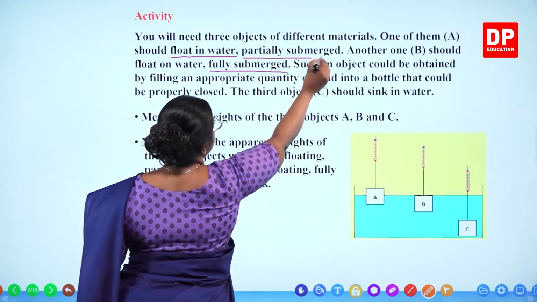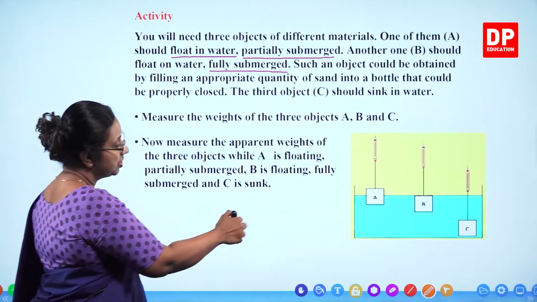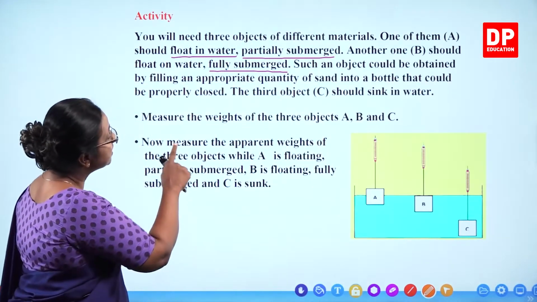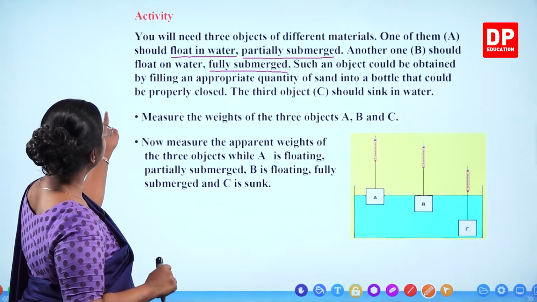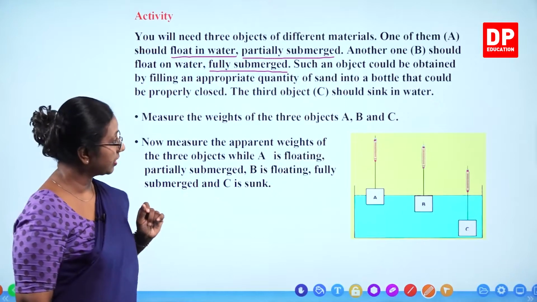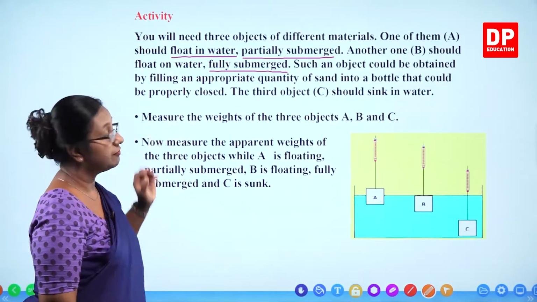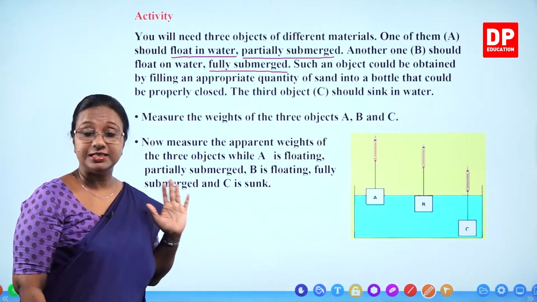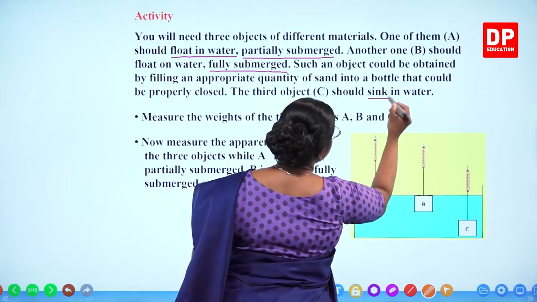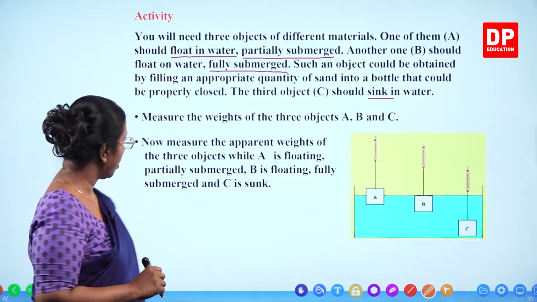So the first one has to be partially submerged, the second one has to be fully submerged. Such an object could be obtained by filling an appropriate quantity of sand into a bottle that could be properly closed. As I told you all, you can fill sand, you can fill water, anything is fine. The third object, C, should sink in water.